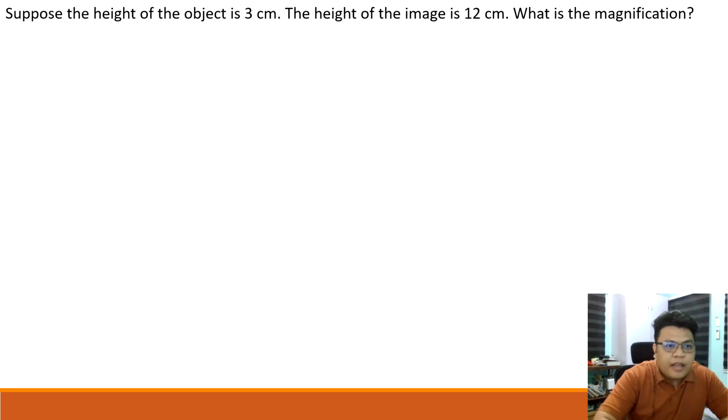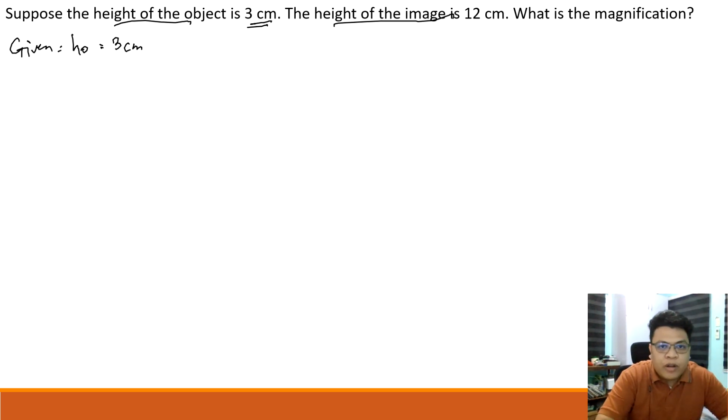Okay, so let's try. We need to start with the given. In given, we have here the 3 centimeters. So what is 3 centimeters? That is the height of the object. So that is HO. So we have 3 centimeters. Next, we have our height of the image, which is 12 centimeters. So I have HI equals 12 centimeters.